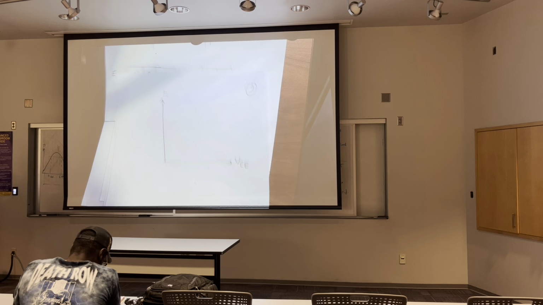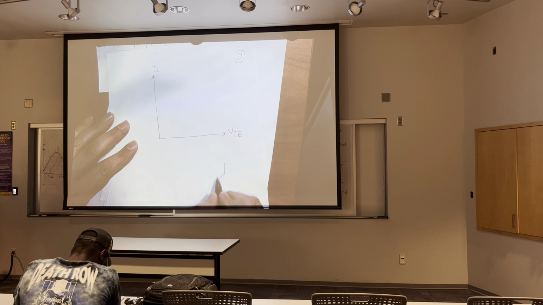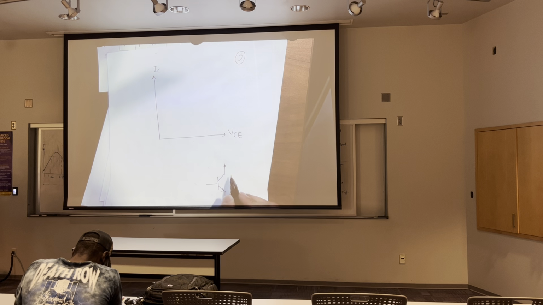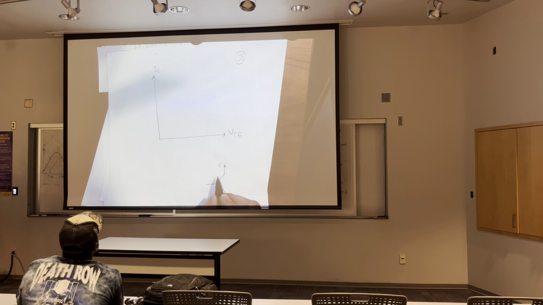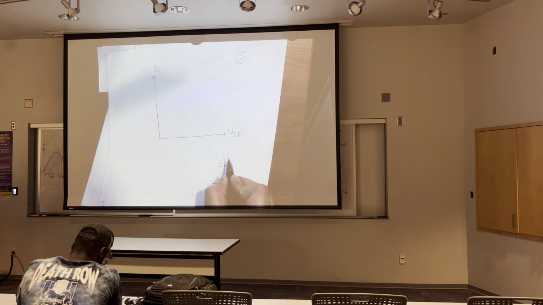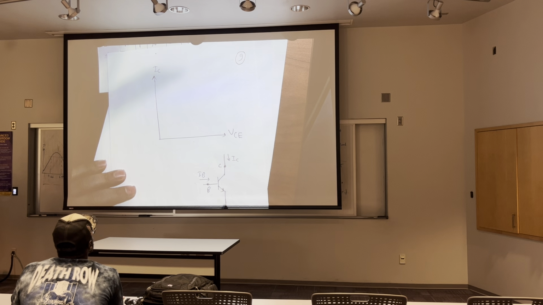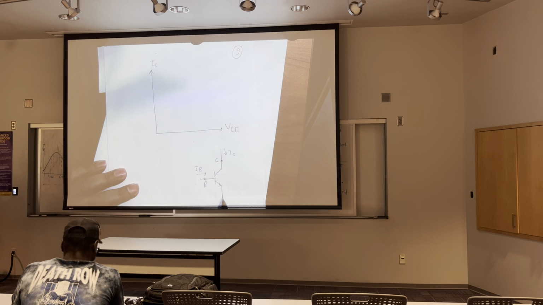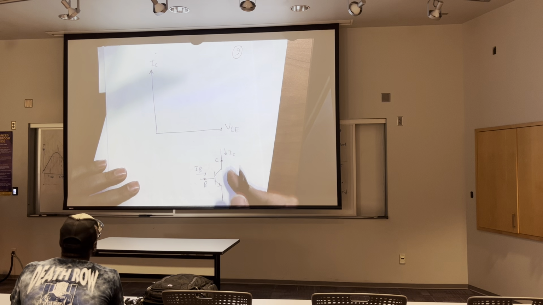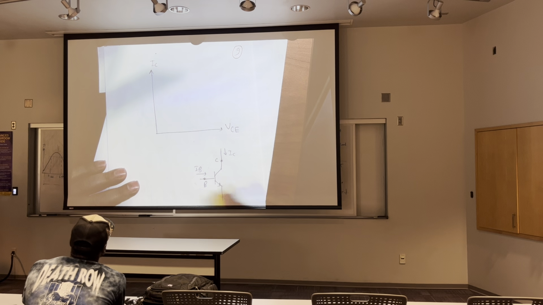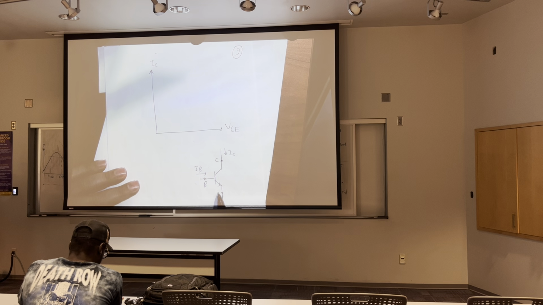As an example, this is the collector, this is I collector. This is the base, this is I base. Collector, emitter, this is the emitter.